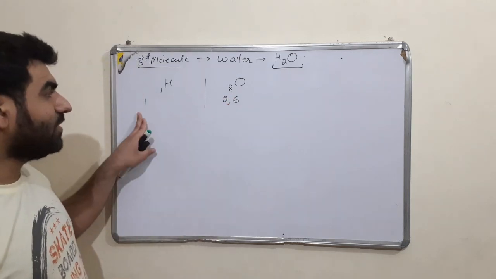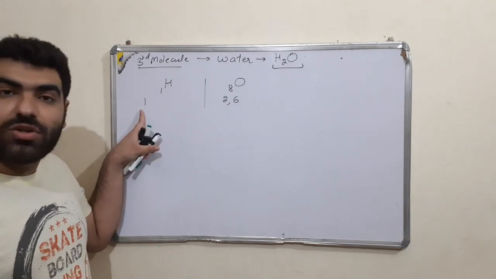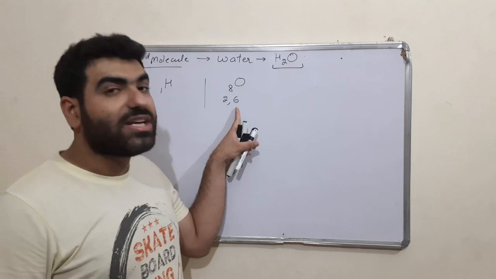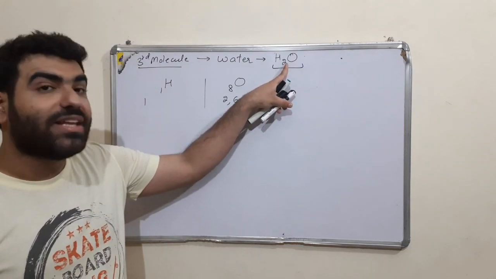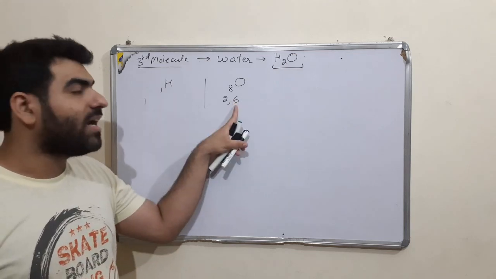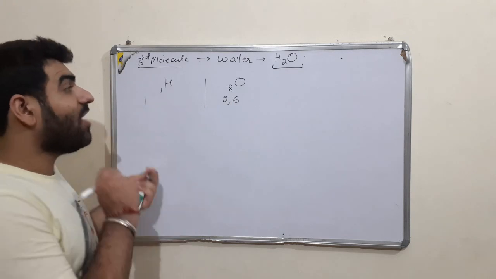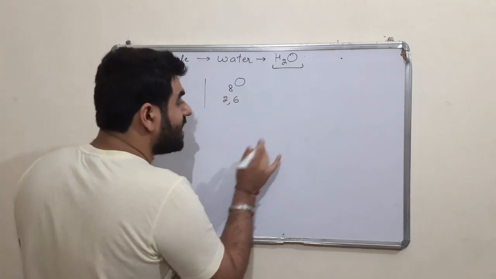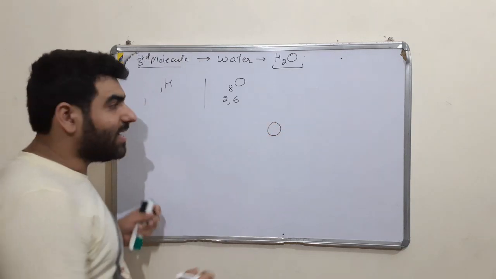Hydrogen requires only one electron to complete its duplet. Oxygen requires 2 electrons to complete its octet. How many hydrogen are there? 2. So it will get 1 electron from each of the hydrogen and it will complete its octet. अब ये बात clear है कि oxygen would be the center molecule and 2 hydrogens will be on its sides.